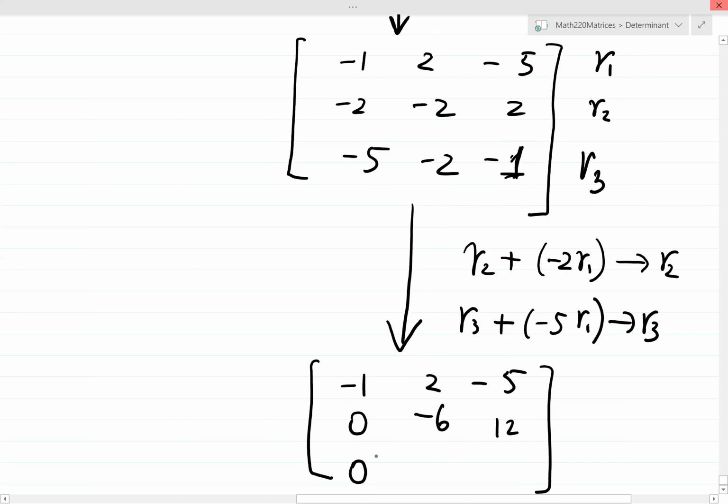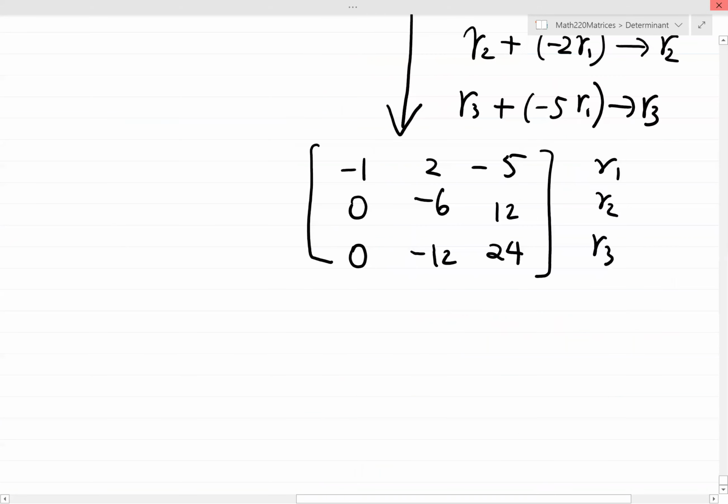Negative 2 minus 10, so it's negative 12. Now negative 1 plus 25 is 24. Then this is row 1, row 2, row 3. Now you do row operations again.